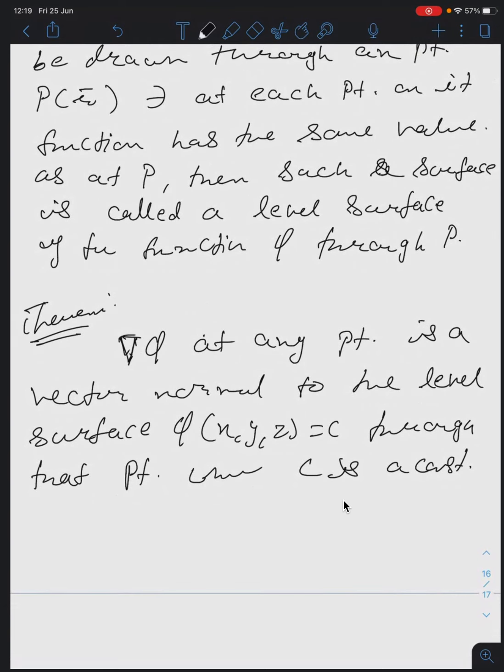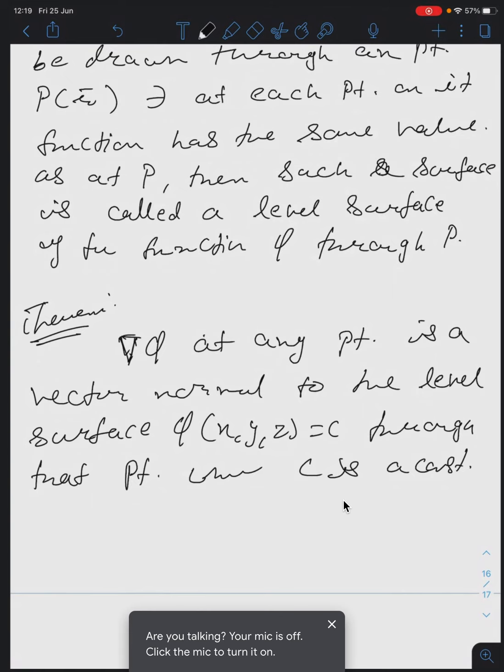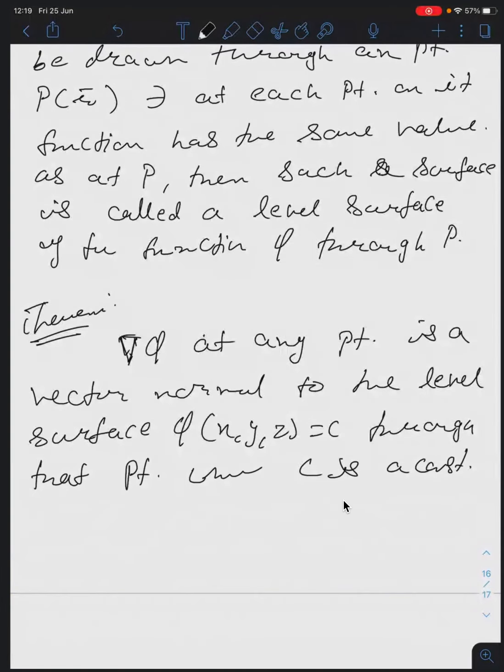What should be the physical interpretation? The gradient of a scalar point function phi at a point P is a vector along the normal to the level surface. It should have some physical meaning also. So what does this gradient of phi represent physically?